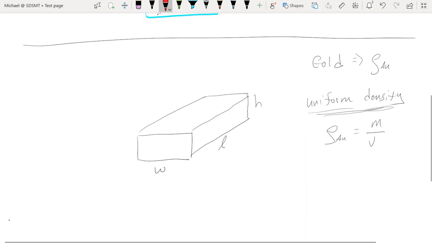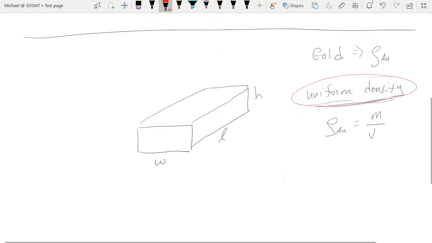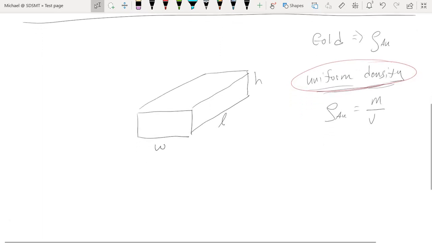And at this point, you can probably say, well, it's right in the center. And we would be justified in saying that because of the uniform density. But we should probably put a little bit of effort into this just so we can convince any of the skeptics out there.